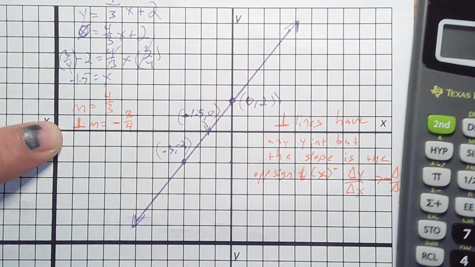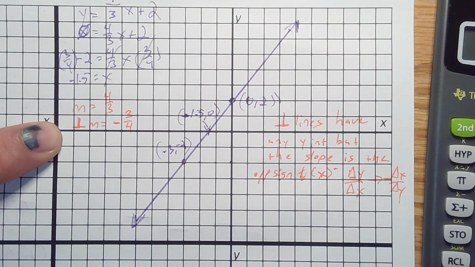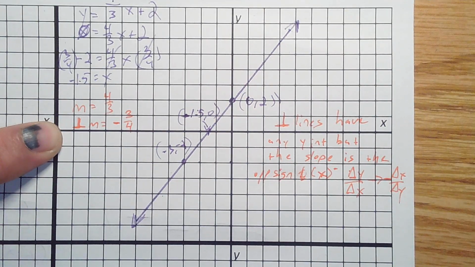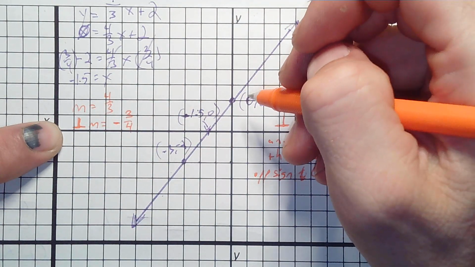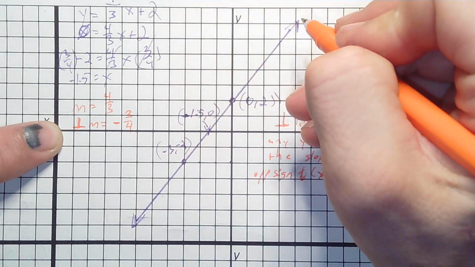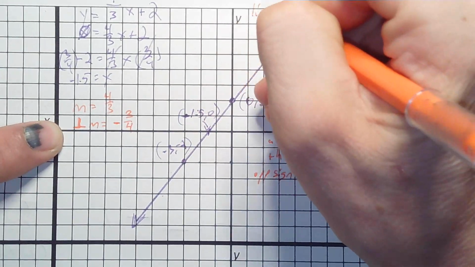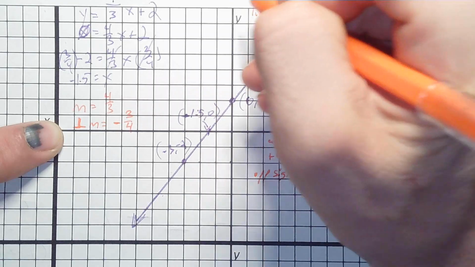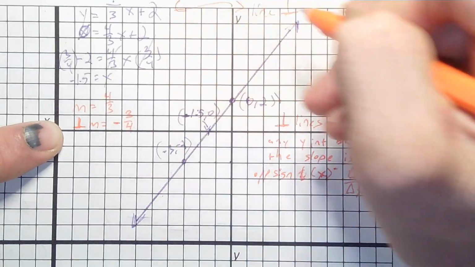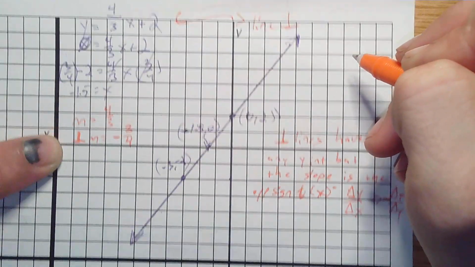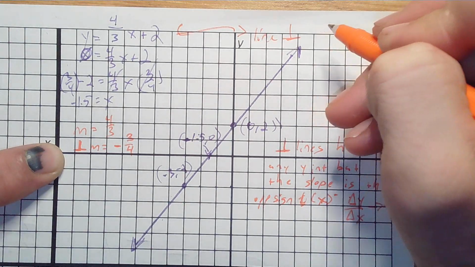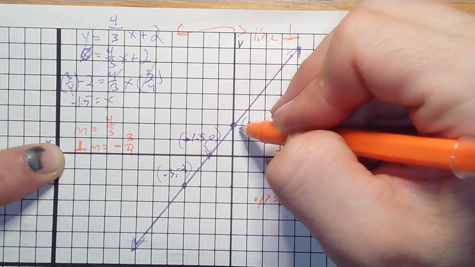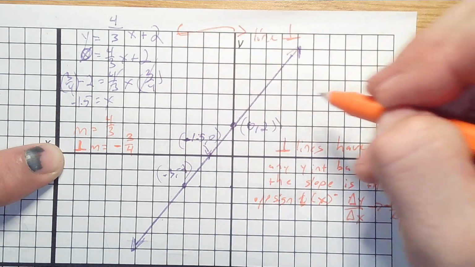All right, so let's say, write an equation for a line that is perpendicular to the line y equals 4/3 x plus 2, and passes through the y-intercept of this line.